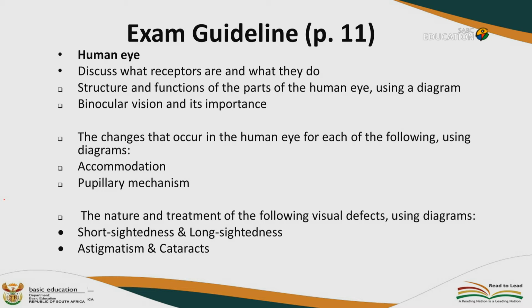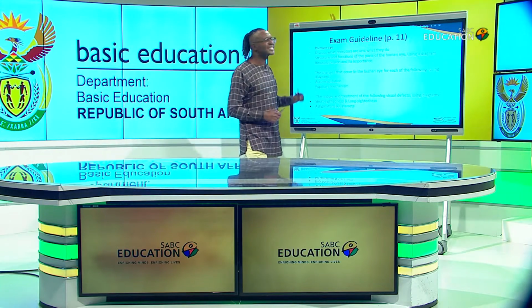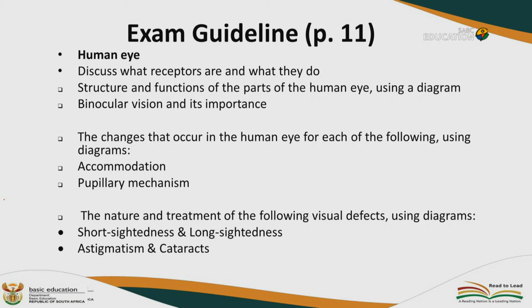It says there, we need to discuss what receptors are and what they do. And secondly, we need to look at the structure that I already mentioned to you, that you need to look at the structure and function of all the various parts of the eye using the diagram. So it's very important, grade 12s, that you have the diagram in front of you.